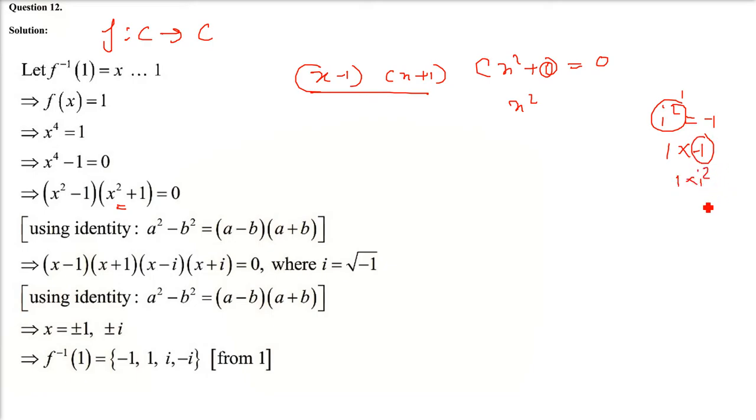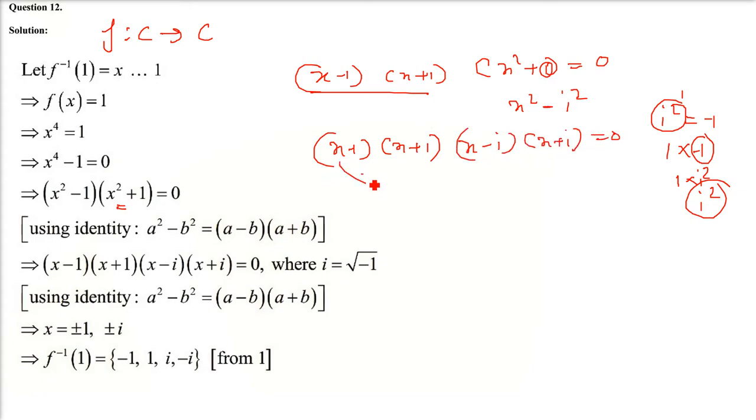But since we have already put minus 1 by ourselves, we have to negate it by putting a negative. So x square minus i square it will be, which is (x minus i)(x plus i). So (x minus 1)(x plus 1)(x minus i)(x plus i) equals 0. So you get x equals 1 here, x equals minus 1 here.